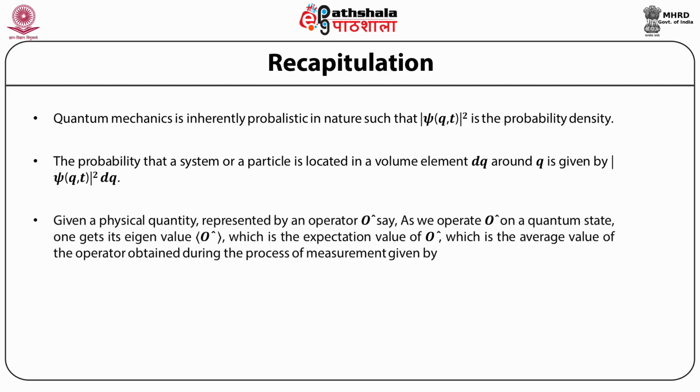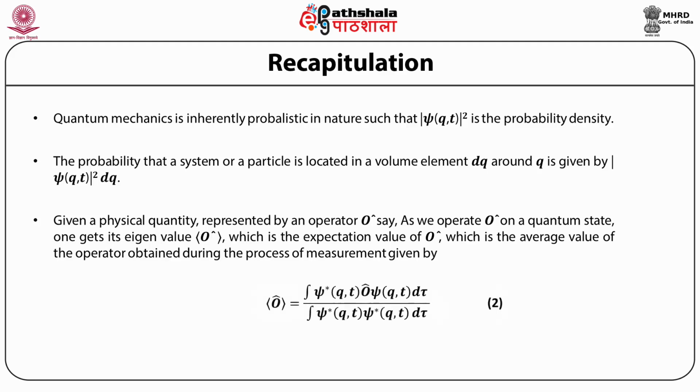Given a physical quantity represented by an operator O, say, as we operate O on a quantum state, one gets its eigenvalue, which is represented by the expectation value of O, the average value of the operator obtained during the process of measurement.